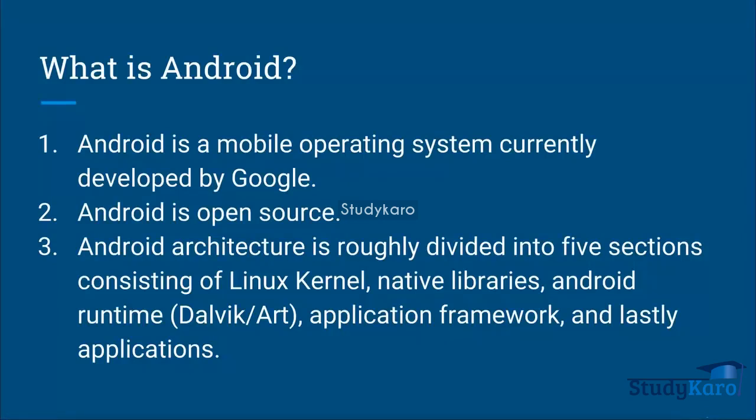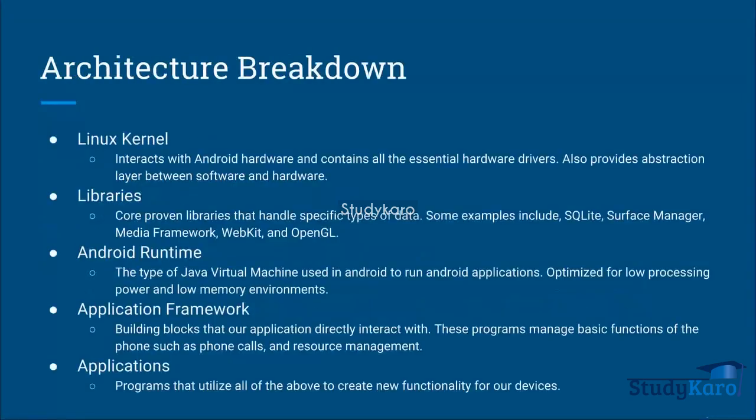Great. So Android architecture is roughly divided into 5 sections: the Linux kernel, native libraries, Android runtime, application frameworks, and then lastly applications. So now let's break down each one of those layers in our Android architecture.